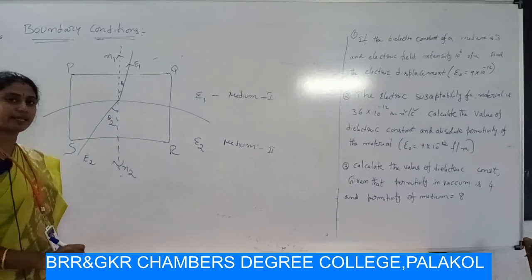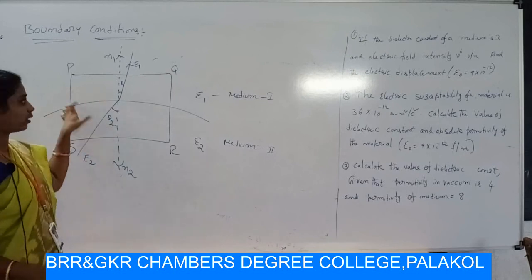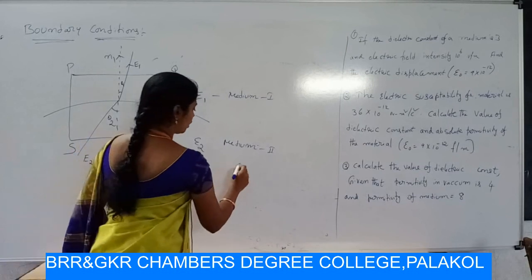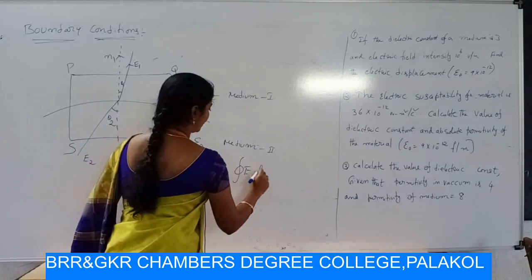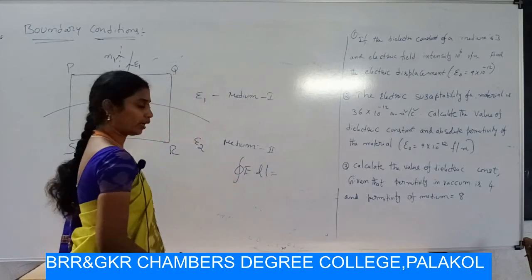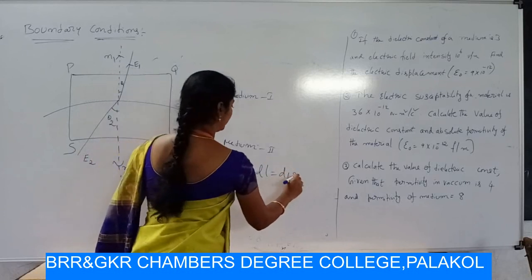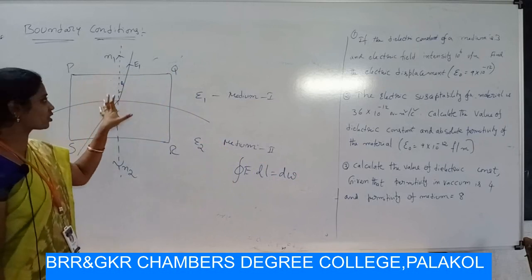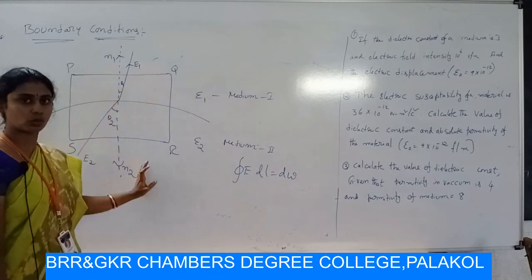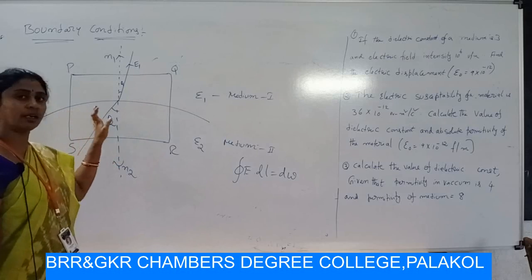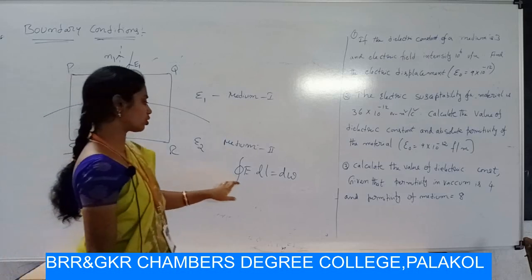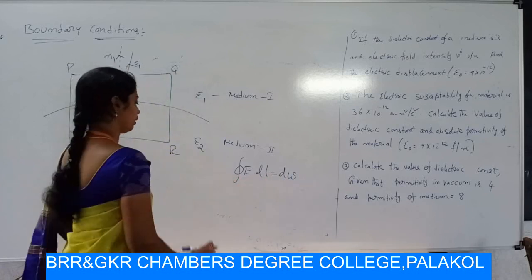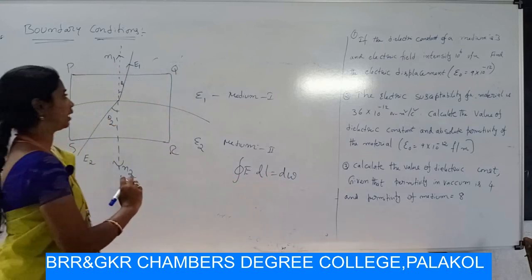The total work done over the longest sides PQRS is the closed integral of E dot dl, which equals dW.